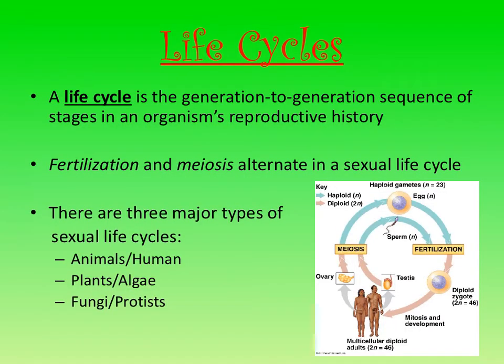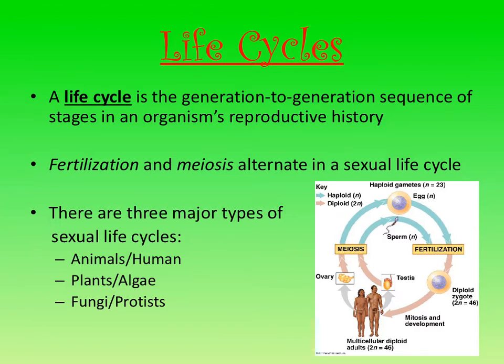Now, also, when we bring up this concept of reproduction, we have to take a moment to look at life cycles, because different types of organisms on our planet have different life cycles. And this basically looks at what we call reproductive history of organisms.